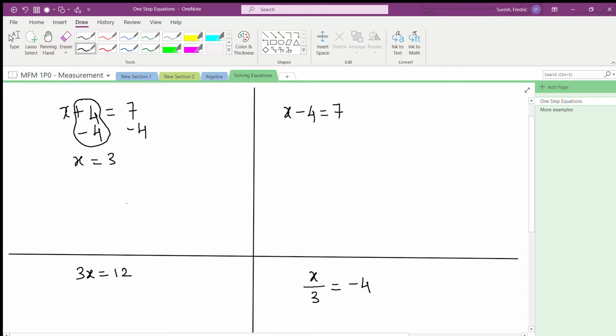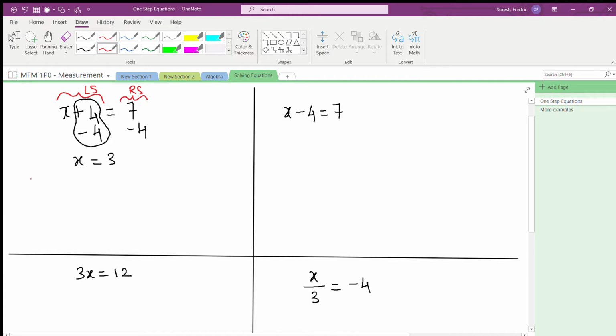Okay, so how do we know that this is the right answer? In this equation, this side is the left side of the equation, and this side is the right side.